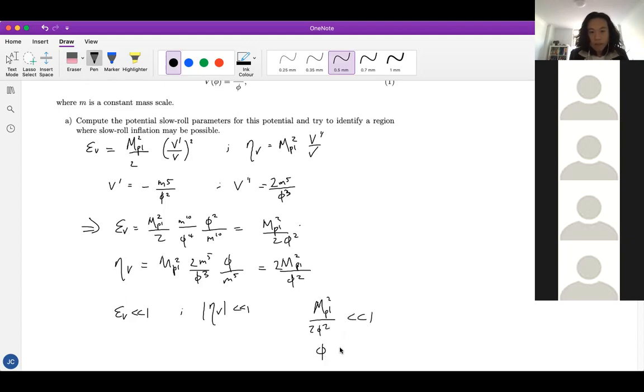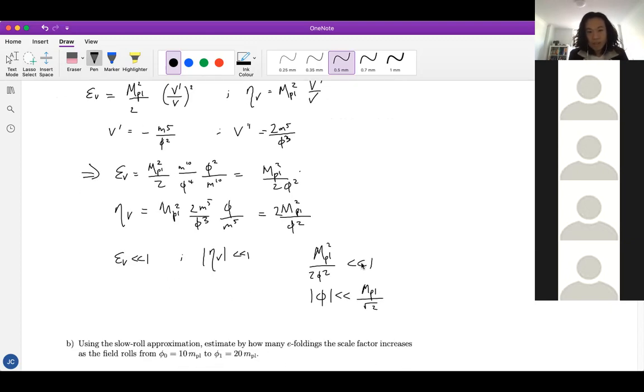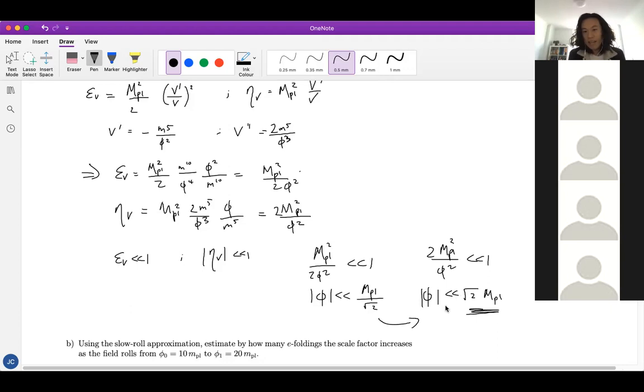So the absolute value of phi will be much less than M_Pl on root 2. Similarly for the eta one, you get the same thing but with the 2 in a different place, so phi is much less than root 2 M_Pl. This is a slightly stronger condition, so the other is included in this range, and you can just take this as the condition and it's fine.